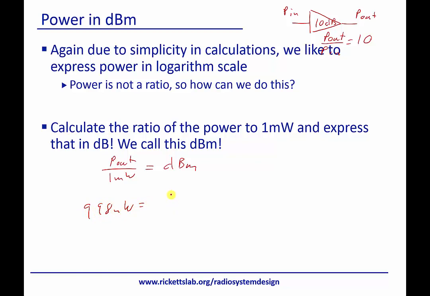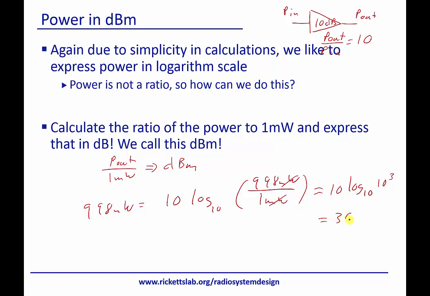This is not an equal, it's a 10. So this would be 10 log base 10 of 998 milliwatts divided by 1 milliwatt, right? And so these would obviously cancel, and I'm going to take 10 log 10 of 998, and this is approximately equal to 10 log 10 of 10 to the 3, and this is equal to 30 dBm.